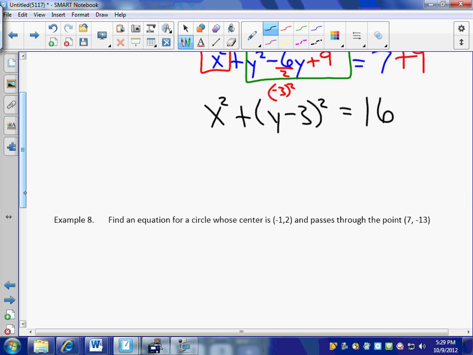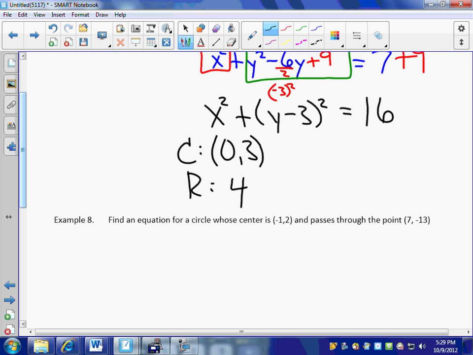So that's my new equation. What's the center? Well, the center will be (0, 3), and the radius is the square root of 16, which is 4. So there you have it.